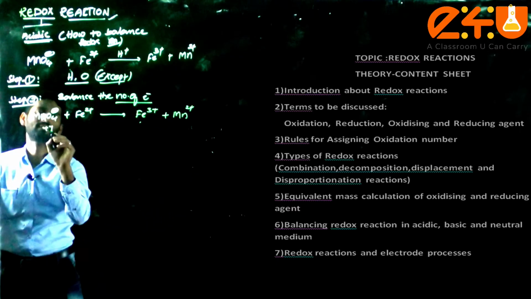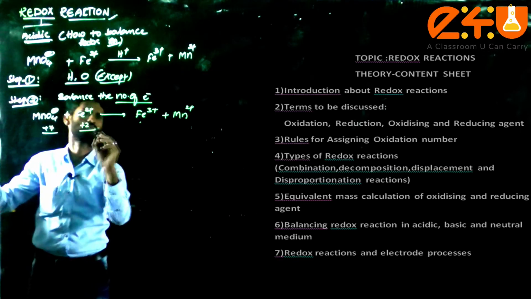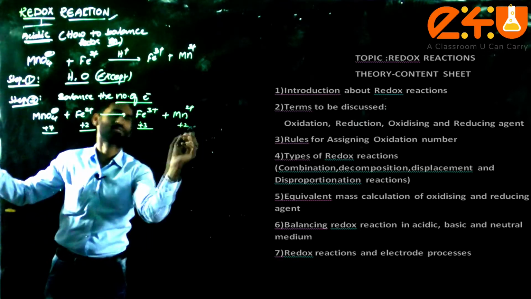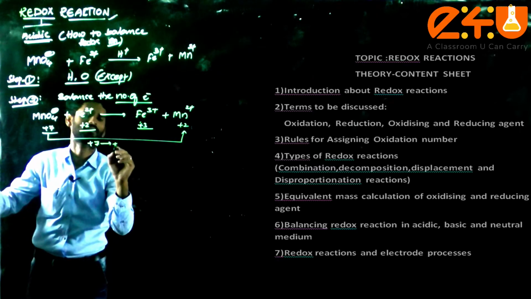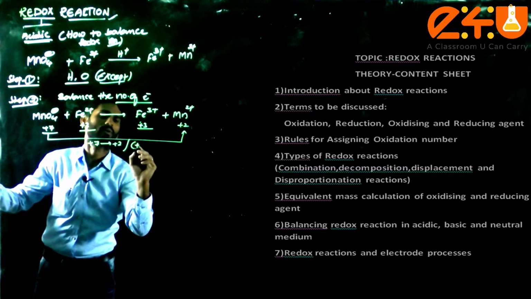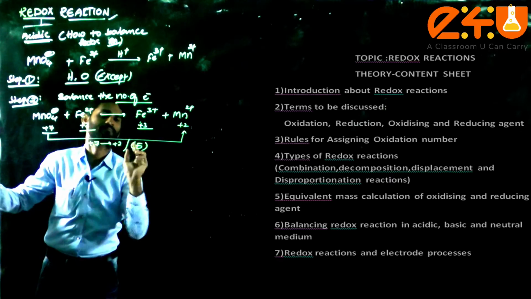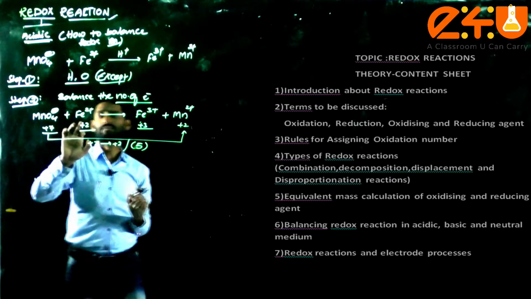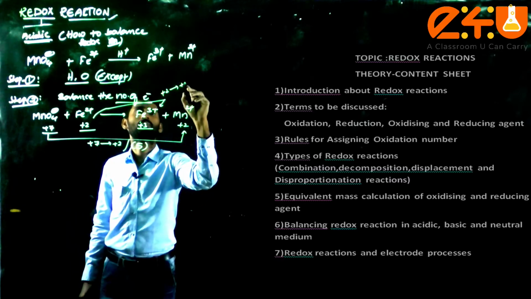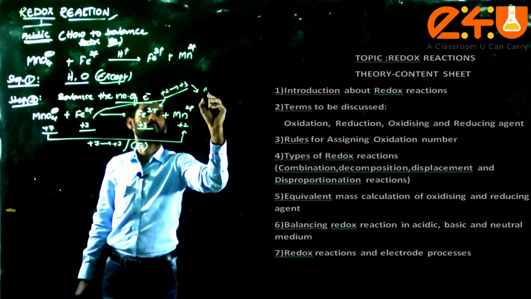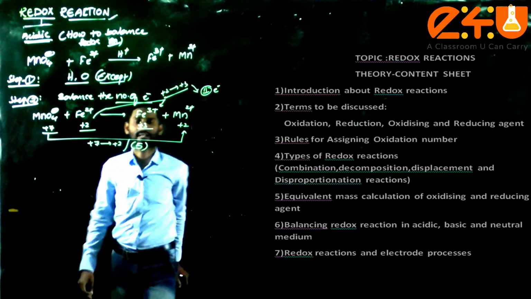We calculate the oxidation states: plus 7 in MnO4 minus, plus 2 in Mn2 plus, plus 2 in Fe2 plus, plus 3 in Fe3 plus. From plus 7 to plus 2, how many electrons got transferred, my dear students? 5 electrons. Next, plus 2 to plus 3, how many electrons? Only 1 electron got transferred.